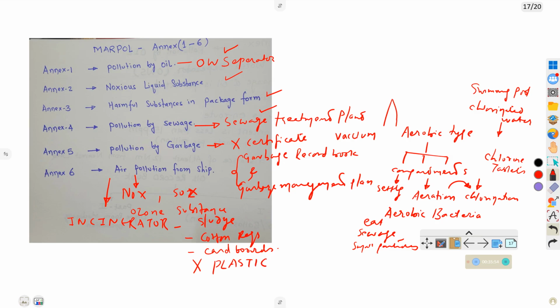See, in fact, your answer is limited to the plastic, but on board ship, the ship which I am sailing, you can burn plastic also, up to 20%, but this is for your knowledge.